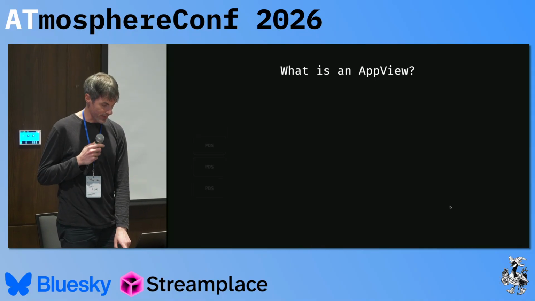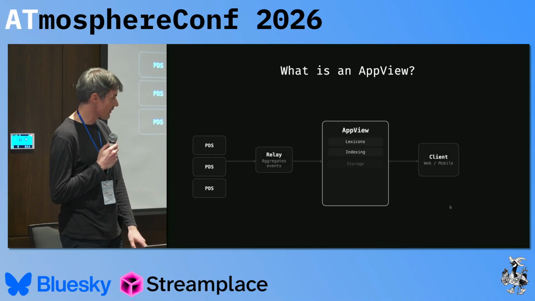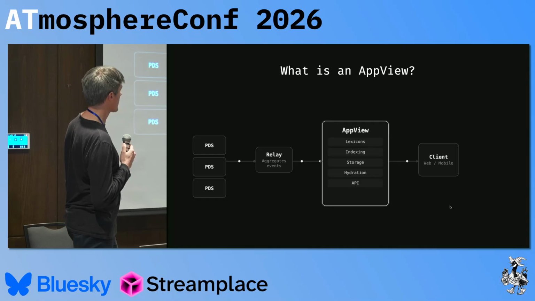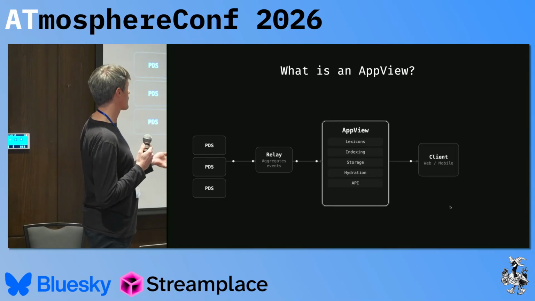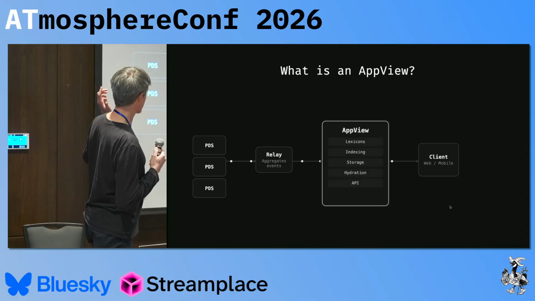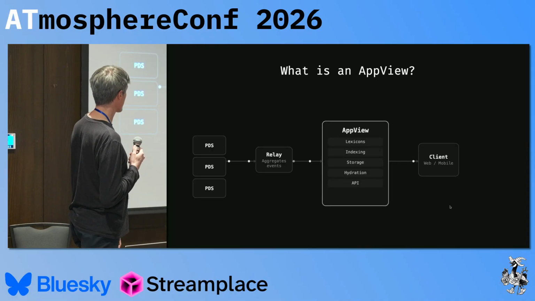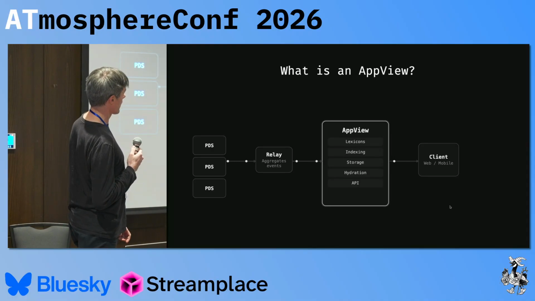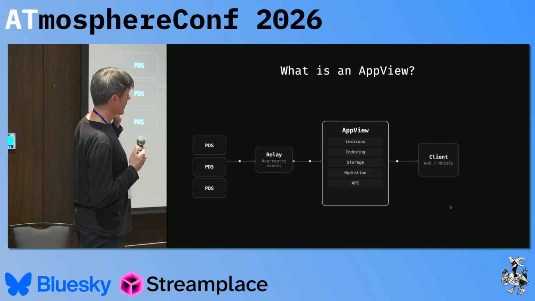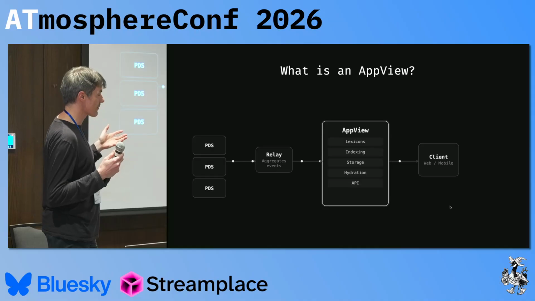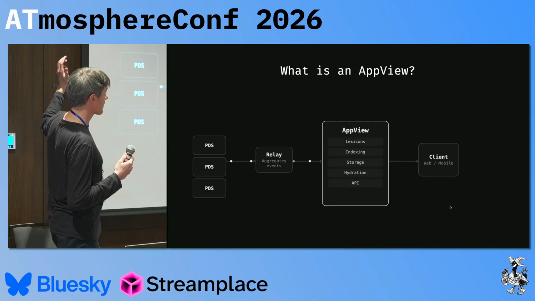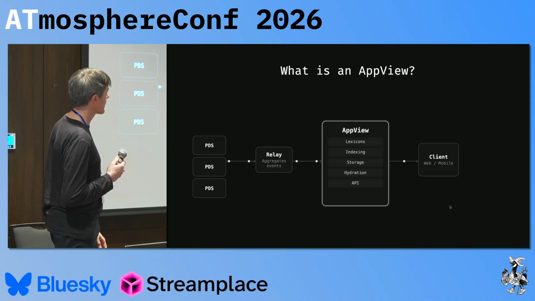What is an app view? If you don't know, it kind of sits in between the relay and the sort of client that you're using. So you have all this information, all of your records, flowing from the PDS through the relay. The app view is a place that stores all of your records and brings them all together from all the different PDSs across the network.